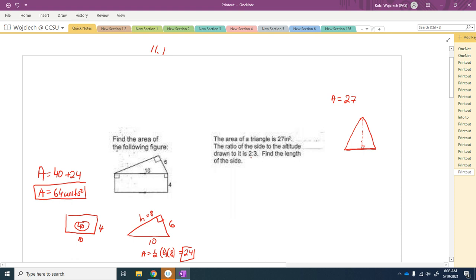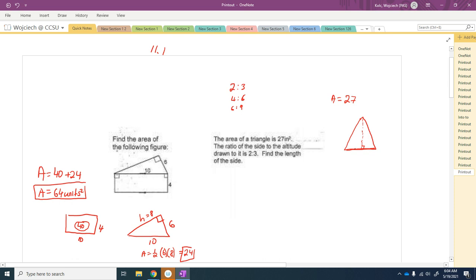If you double, this is 4, the altitude is 6. If this is 6, this will be 9. In other words, 2 to 3 is the same thing as 4 to 6, which is the same thing as 6 to 9, and so on.